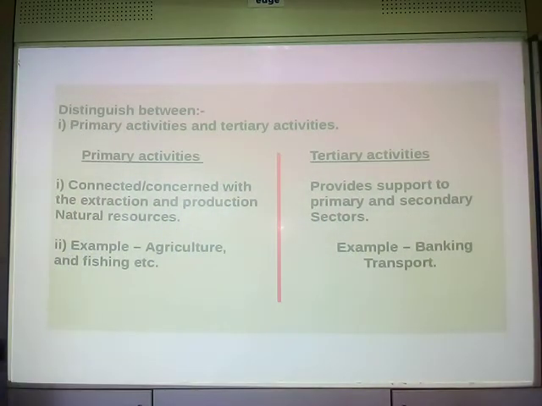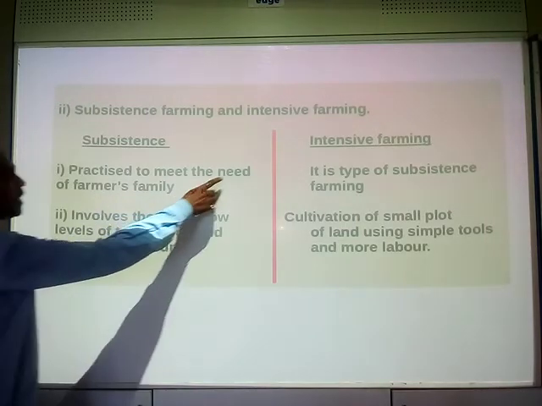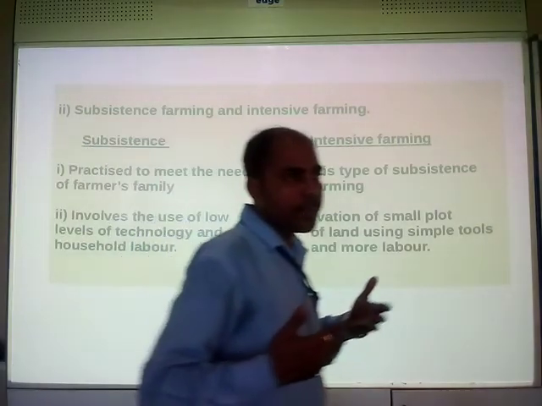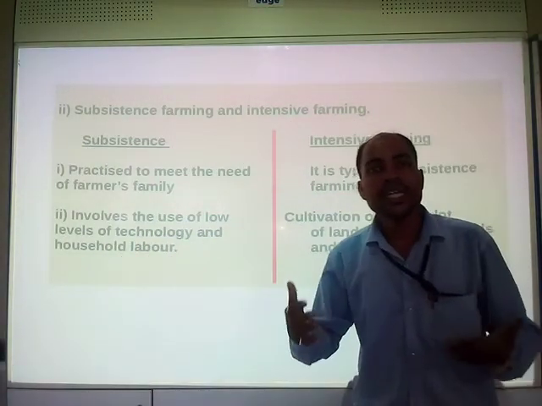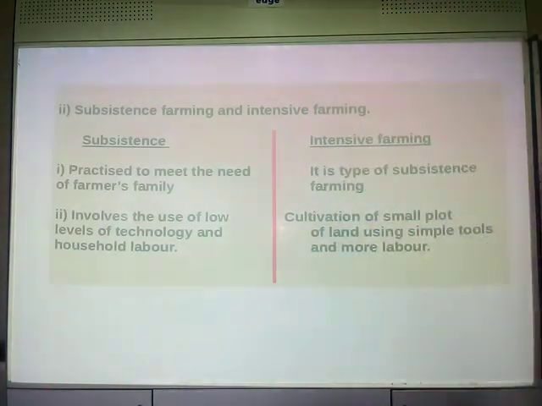Another distinguishing feature is your subsistence farming and intensive subsistence farming. Okay, subsistence farming is the farming practiced to meet the need of the farmer's family. This kind of farming is done to meet the requirement of the farmer and the farmer's family.